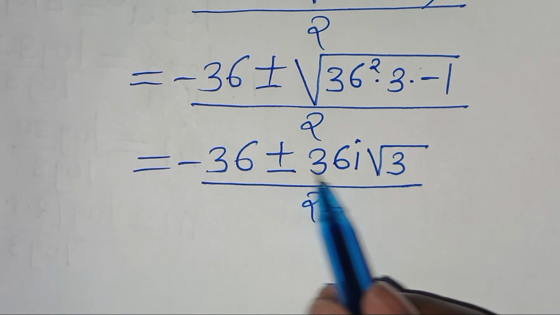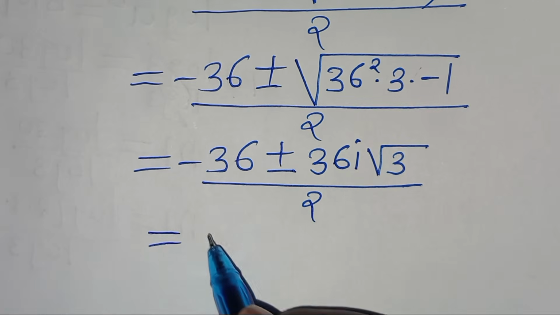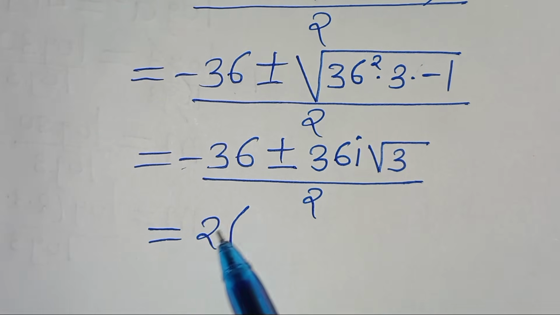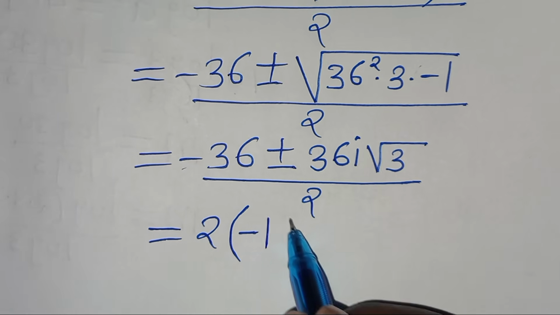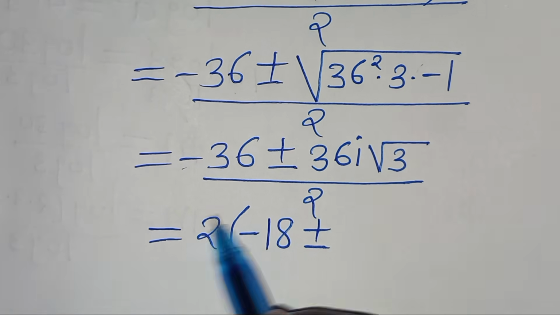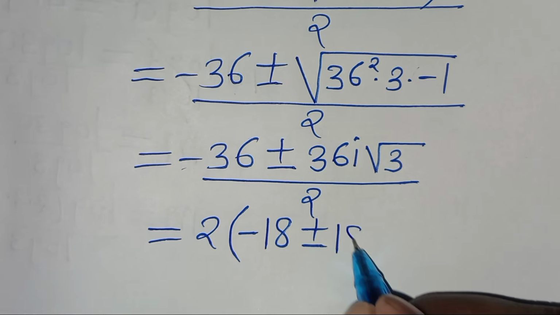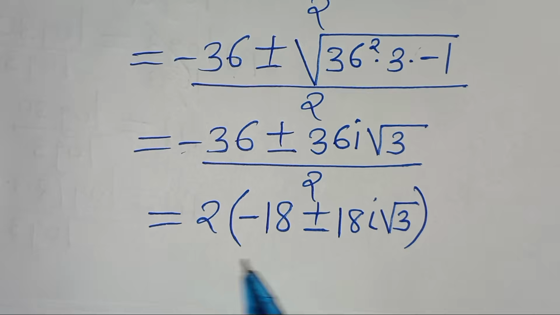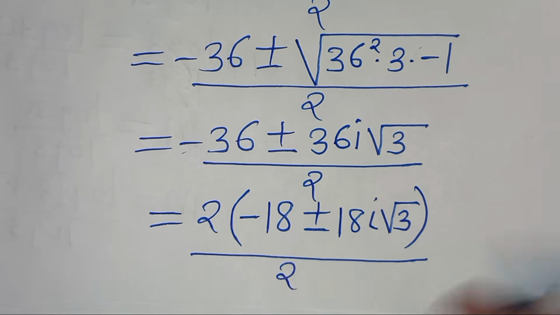In the numerator here, we can factor out 2. So we have 2 in the parentheses, minus 36 divided by 2, this is minus 18 plus or minus 36i divided by 2, this is 18i square root of 3. Close the parentheses, then everything here divided by 2.